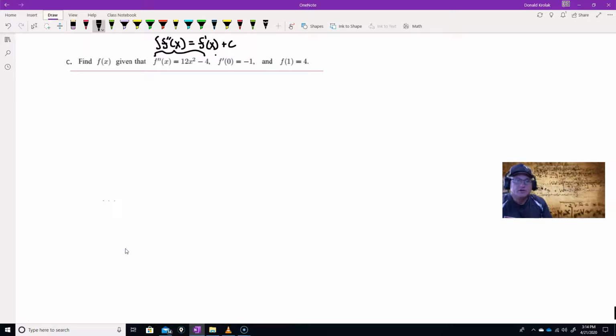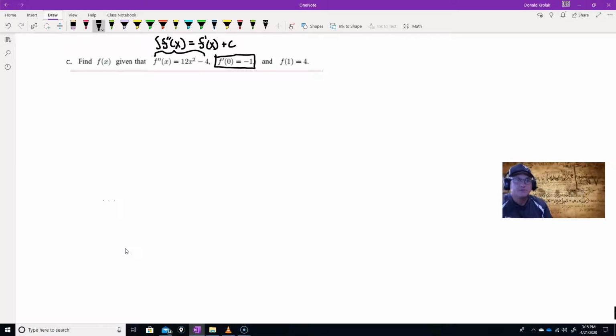And then we're going to use this point that is on the first derivative to figure out what that constant is. Then we're going to integrate this and use this point to get what the constant is for that integral.